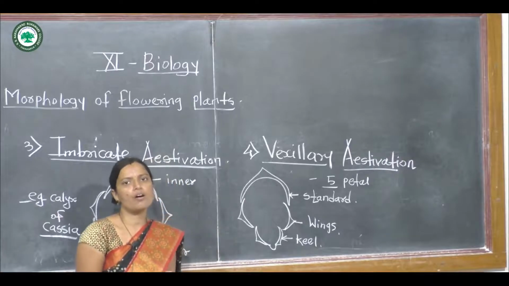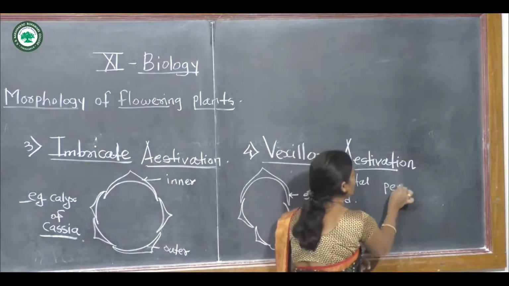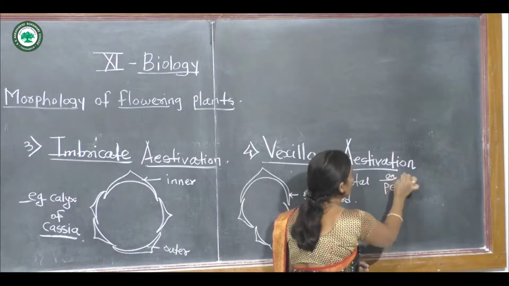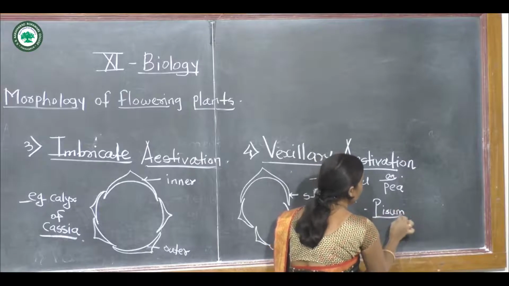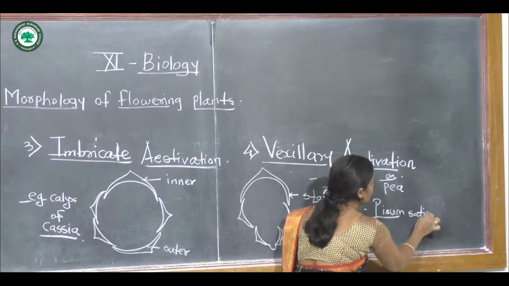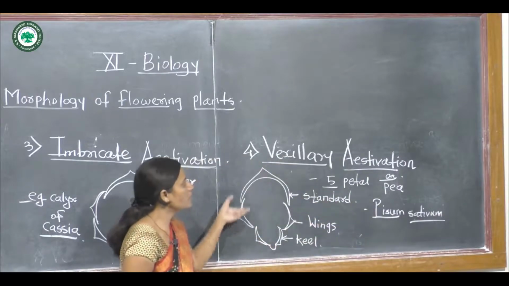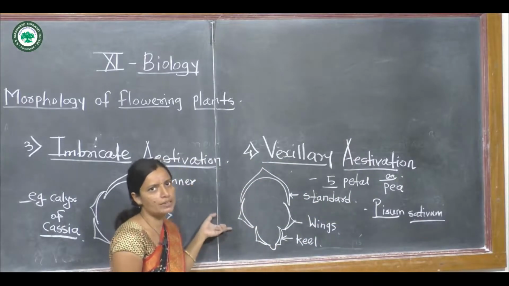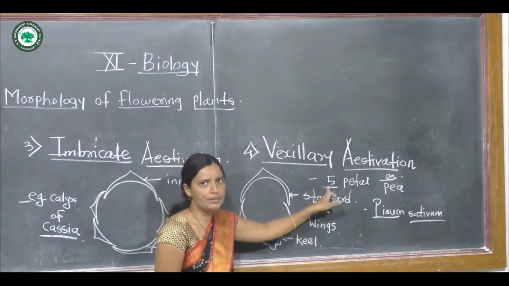The corolla of the pea flower, for example in pea plants, Pisum sativum, shows this vexillary type of aestivation, and there are five petals.